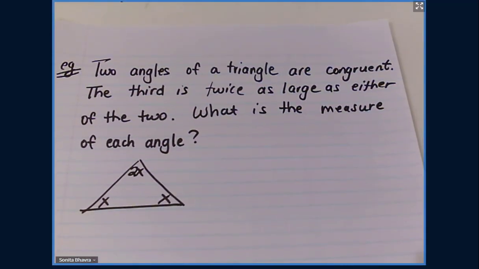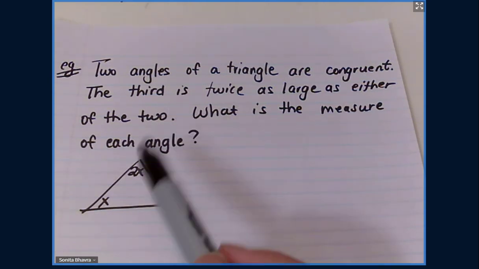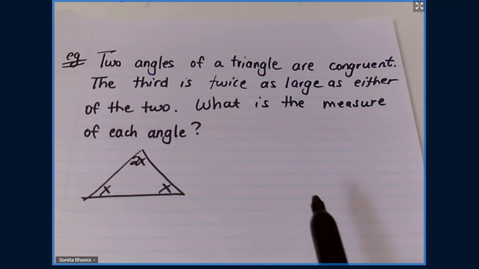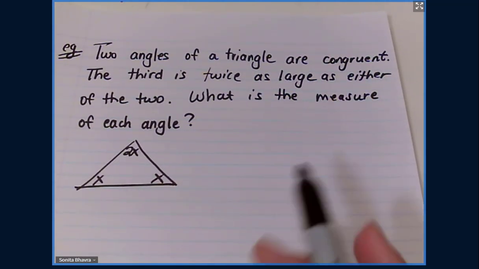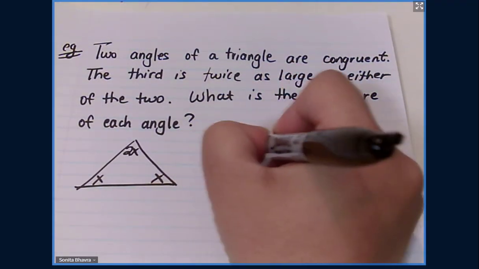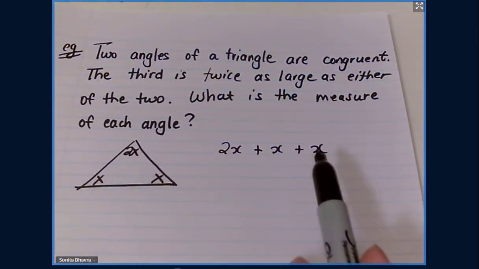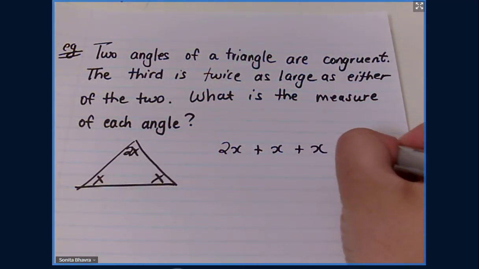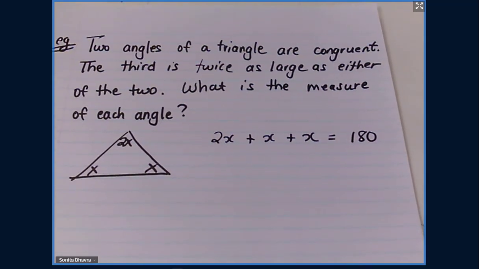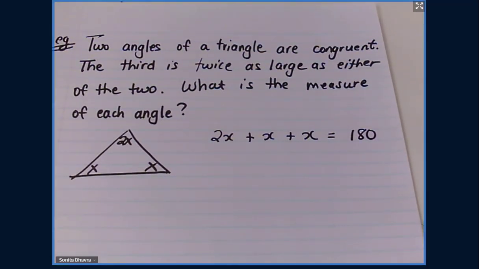And what is the measure of each angle? So we do need to know previous knowledge that three angles in a triangle always add up to 180 degrees. So 2x plus x plus x, that's the three angles. Together, they have to add up to 180. So there's our equation.